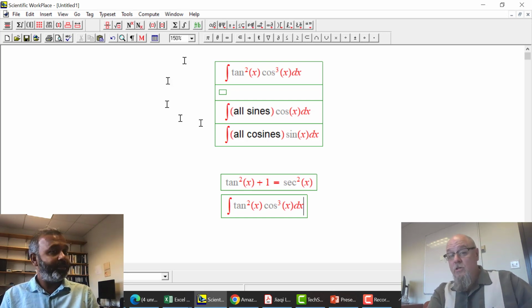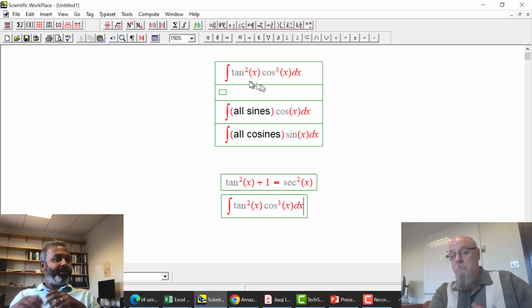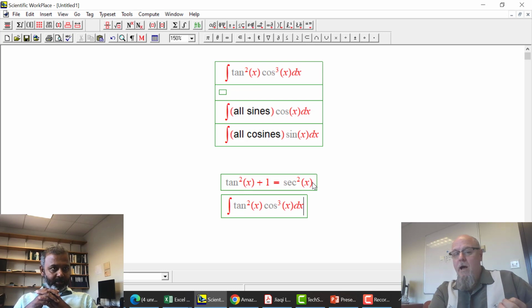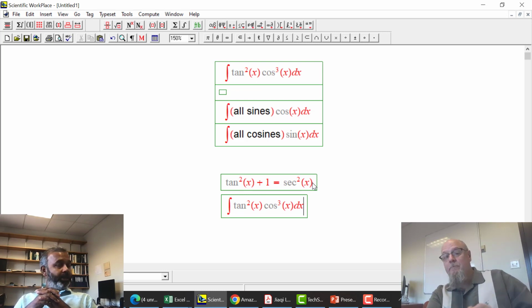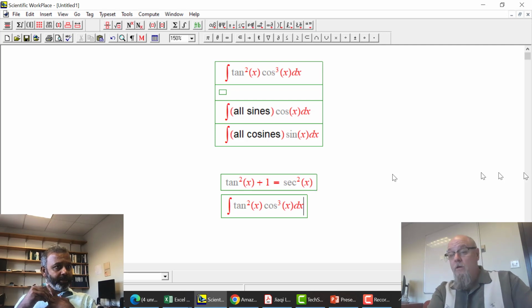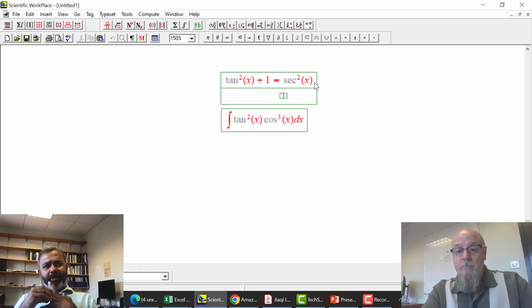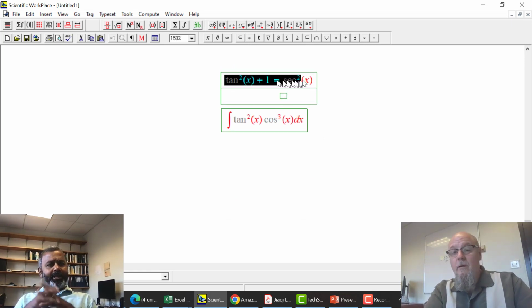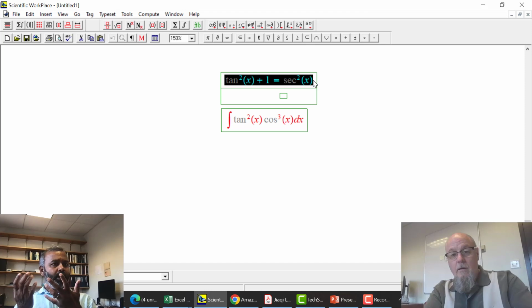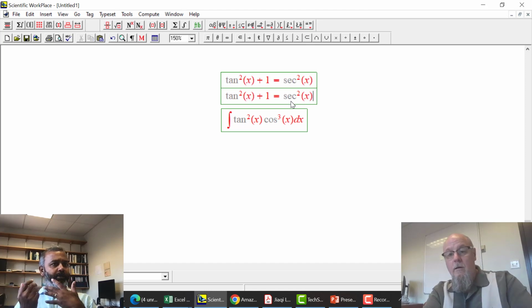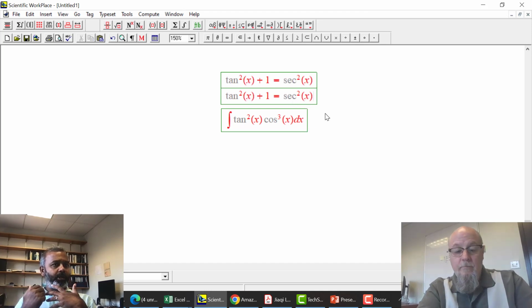Right, and the tan squared here sends a signal, right? I'm thinking about the tan squared plus 1 equals sec squared identity. I also thought about maybe tangent is sine over cosine, so tangent squared, we could replace it with sine squared over cosine squared.